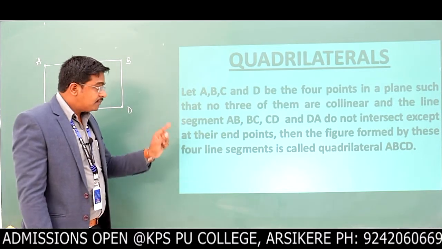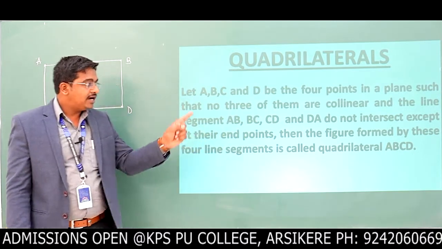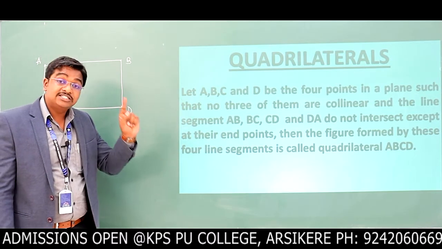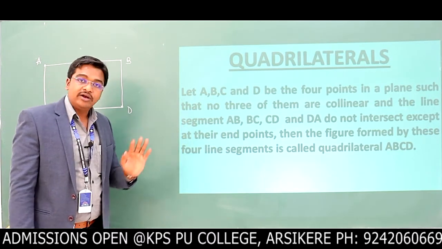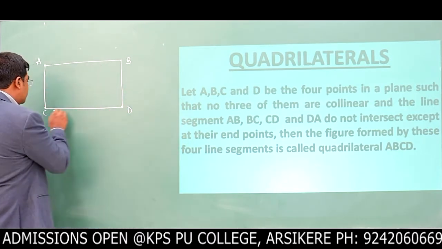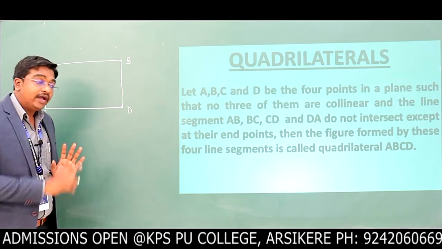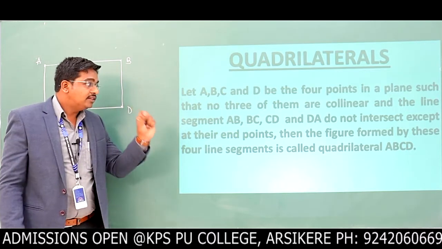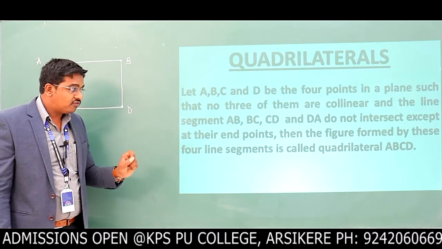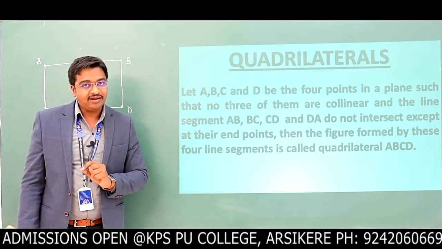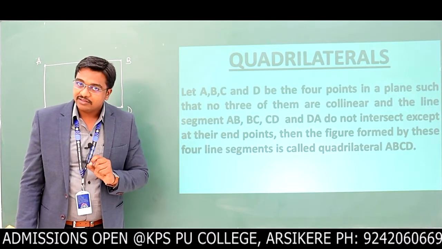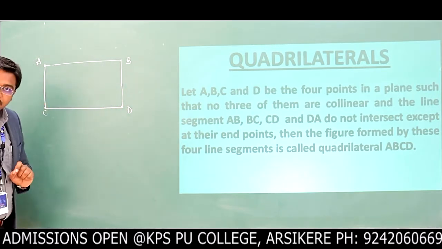And the line segments AB, BC, CD and DA do not intersect except at their end points. They must intersect only at these points, not other than end points. Then the figure formed by these 4 line segments is called a quadrilateral. This is the definition. Did you understand, children?